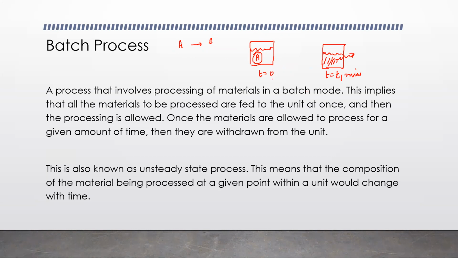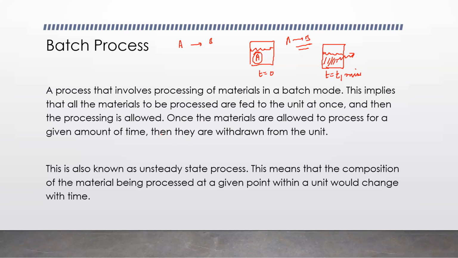Between t equals 0 and t equals t1, whatever conversion has taken place from A to B will be obtained after t1 minutes. So this is my batch process. Once the materials are allowed to process for a given amount of time, they will be withdrawn from the unit. This process is also known as an unsteady state process.